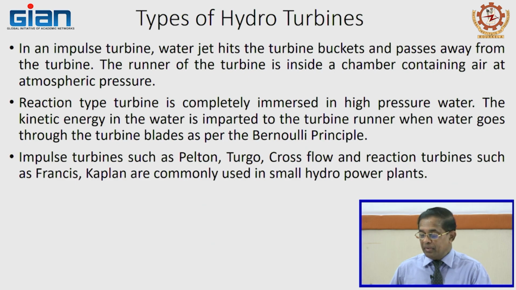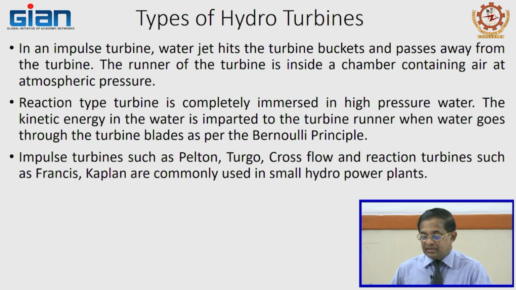The runner of the turbine is inside a chamber containing air at atmospheric pressure. So, the turbine runner is in air; it is not immersed in water. Therefore, water hits the blade and passes through and goes to the tail race.